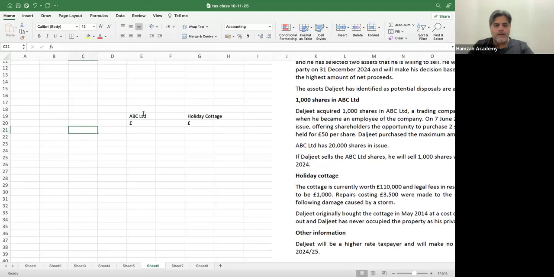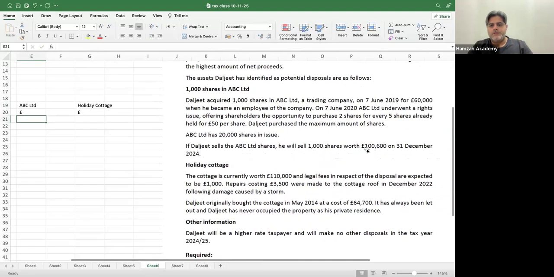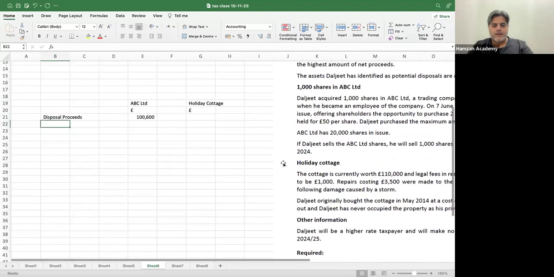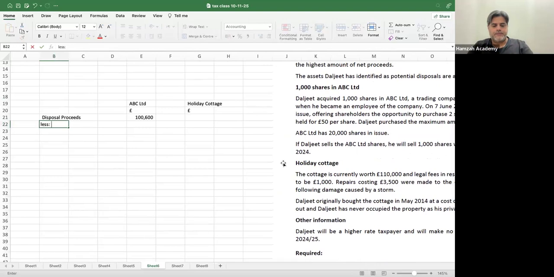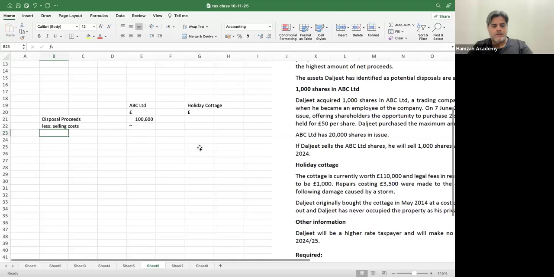Now I have the disposal proceeds. He will sell 1,000 shares worth 100,600, less selling costs. I won't have any selling costs here because these are straightforward.